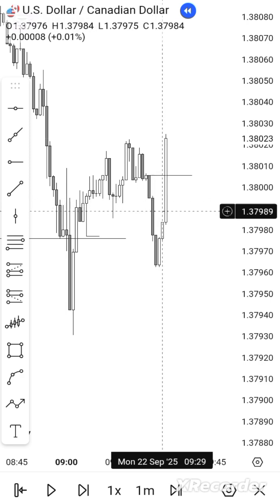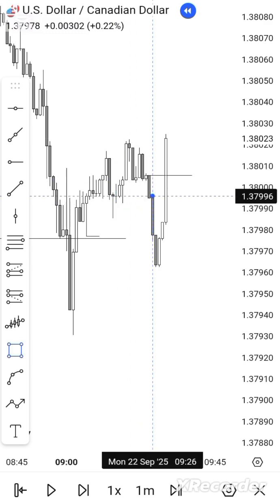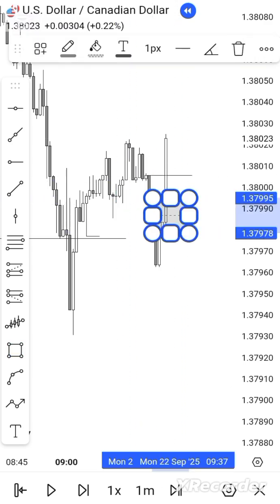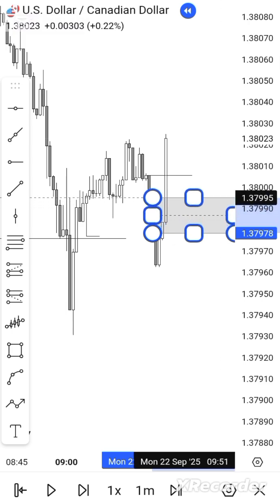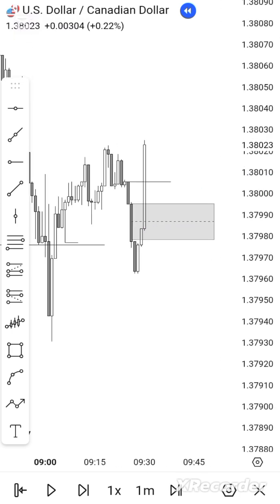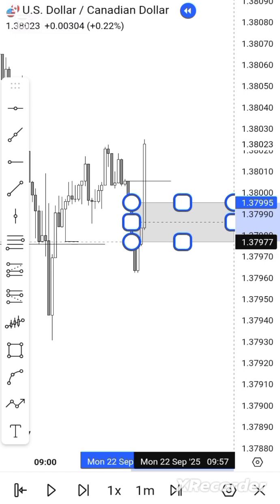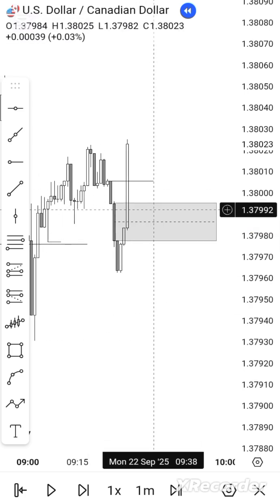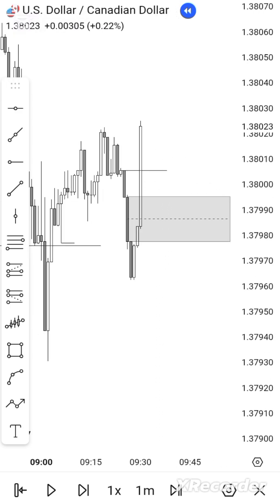But immediately I saw price, because of this fair value gap, I was expecting price to test this fair value gap and then continue the bearish trend that is forming. But then I saw that price actually disrespected this fair value gap and then gave us a break of structure. So all our criteria are met.